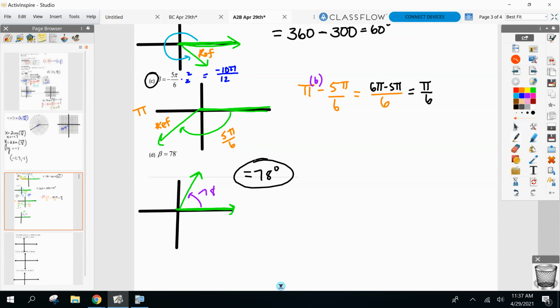Questions on finding a reference angle? Last thing, let's go backwards. How about I give you the reference angle and quadrant? What was the original angle we started with?